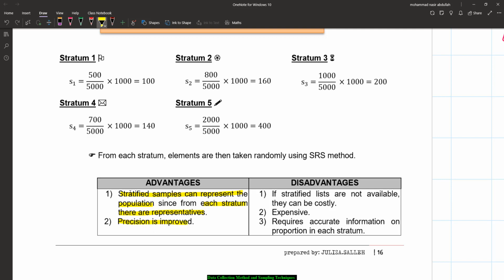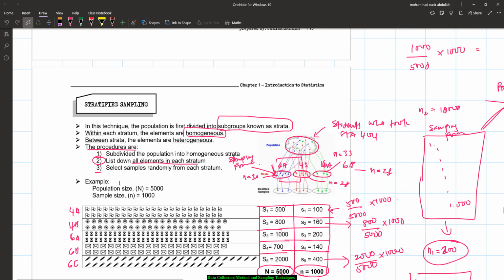The disadvantages are that certified lists are not available, it can be costly and expensive, and it requires accurate information. So now, listen carefully. The stratified sampling method is only suitable when you have a very small population.